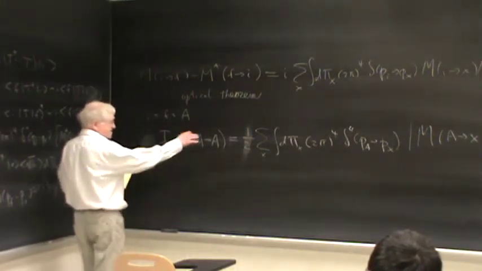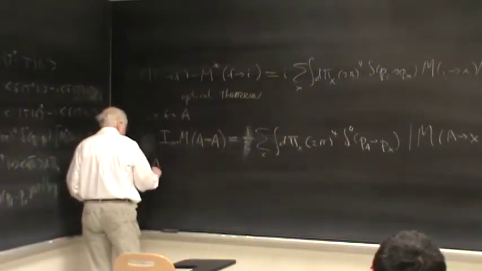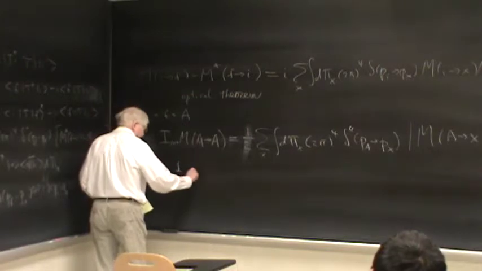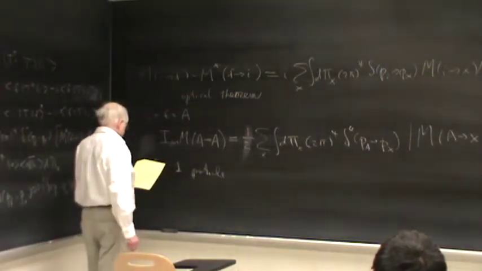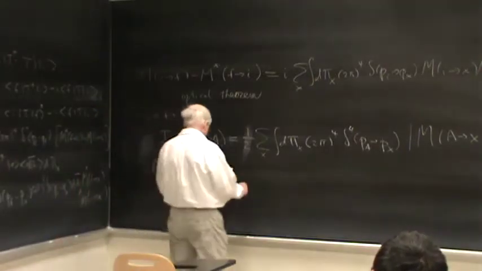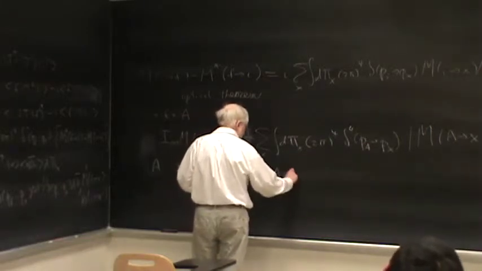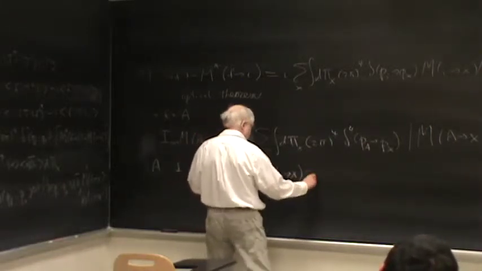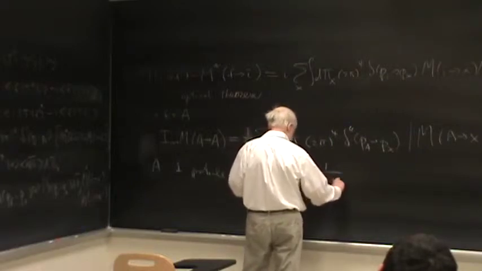Okay, so that's a nice form of the optical theorem, in particular if A is a one-particle state. So what can you say? Well, first of all, what is the decay rate? The decay rate is A goes to anything, basically. And I think we saw this at some point.